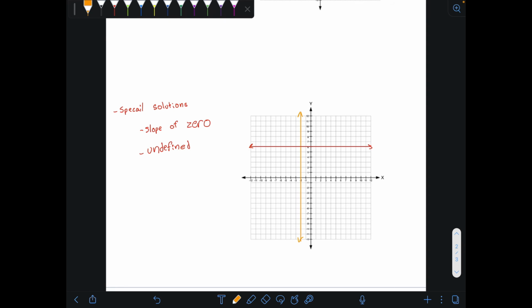Well, let's see. Let's just pick any two random points here. So we can pick -6, 6 and 6, 6. So now, okay, let's find our rise. But where is our rise? We don't have a rise here. Okay, well, what about our run? Well, we have our run here to connect the 2 points, but no rise.